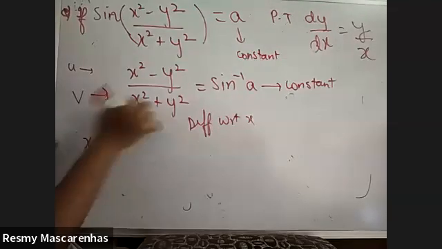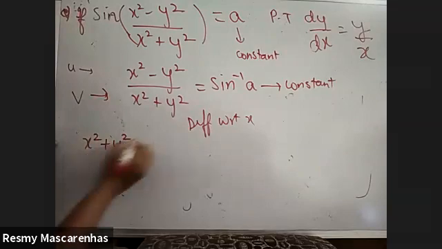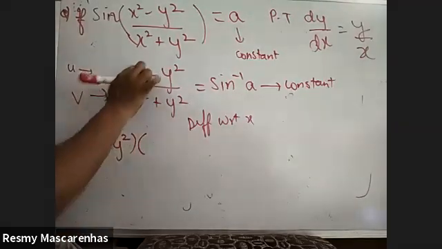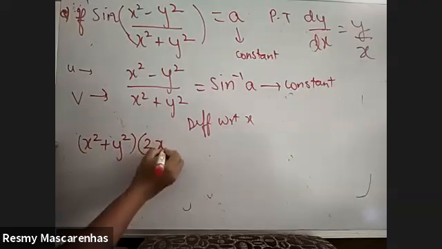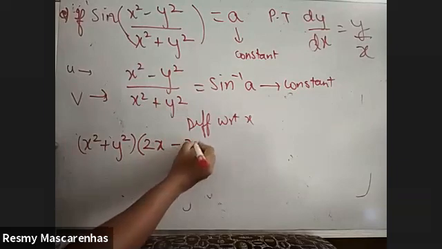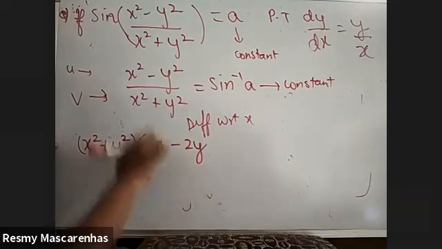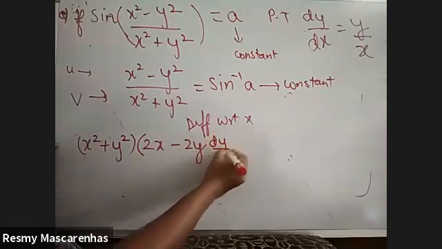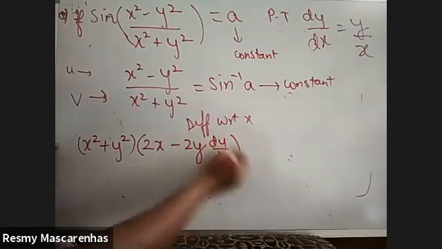V into derivative of u. So this is v, into the derivative of this one. The derivative of x square will be 2x. The derivative of y square will be 2y, same as x square, but since this is y, you have to write the extra dy by dx.